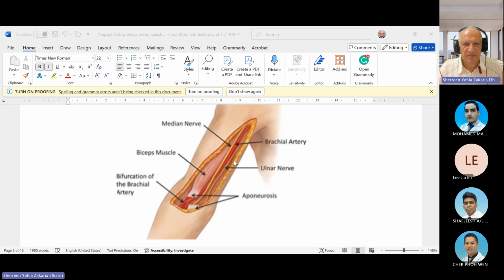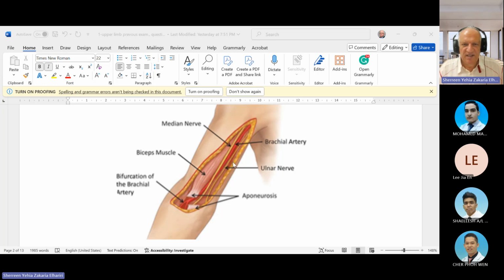And there are two major nerves. The median nerve first is lateral, crosses in front, and becomes medial. The ulnar nerve, although its way is medial, disappears because it passes behind the medial epicondyle, so it does not appear in the cubital fossa.